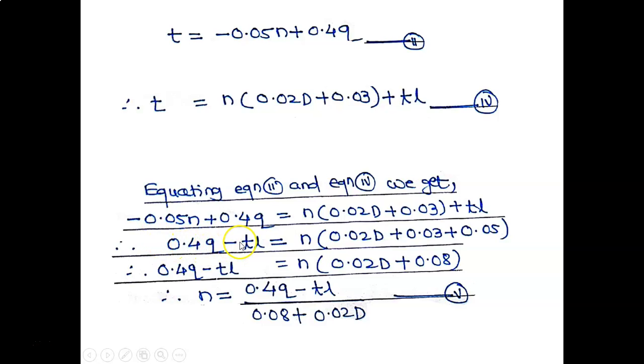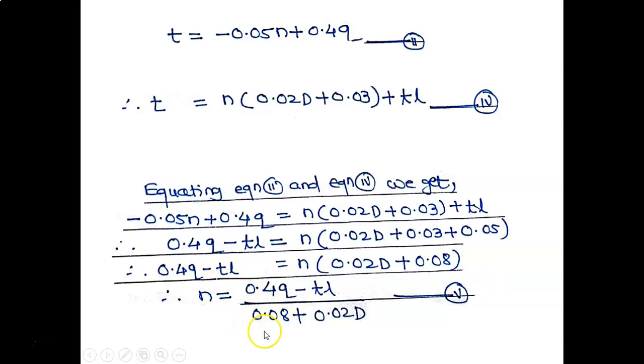Therefore, 0.4Q minus TL is equal to N into bracket 0.02D plus 0.03 plus 0.05, which is N into bracket 0.02D plus 0.08. Therefore, N is equal to 0.4Q minus TL divided by 0.08 plus 0.02D, equation 5.